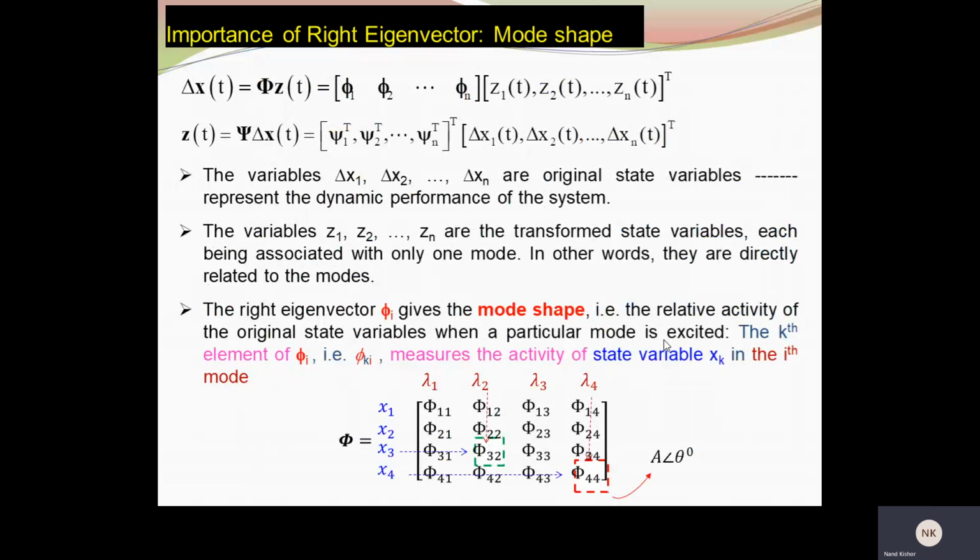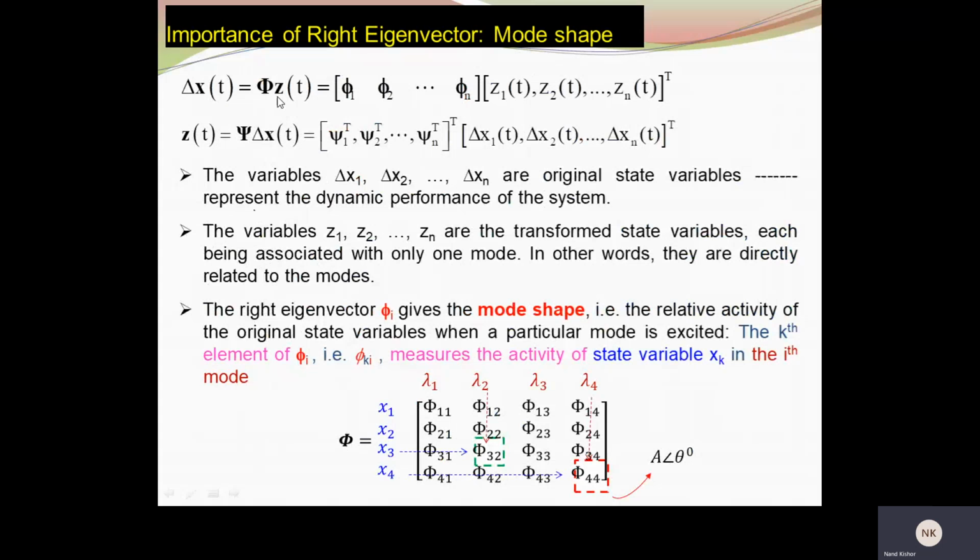With these slides, we want to discuss the importance of the right eigenvector. As shown on this slide, with the right eigenvector we can know the mode shape. We'll discuss the mode shape in a later slide.